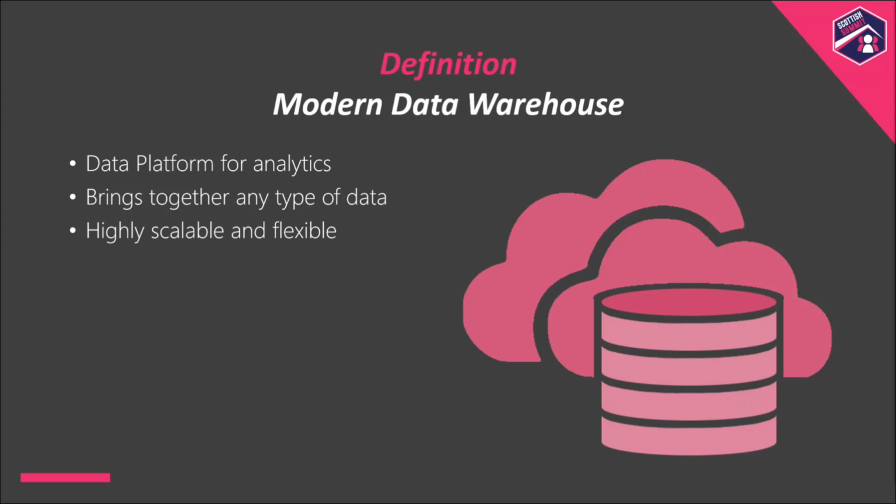Specifically, in terms of scalability, you can scale almost every Azure resource that you use in a modern data warehouse. In terms of flexibility, it comes from the data lake concept, where you can bring any type of data into the modern data warehouse.